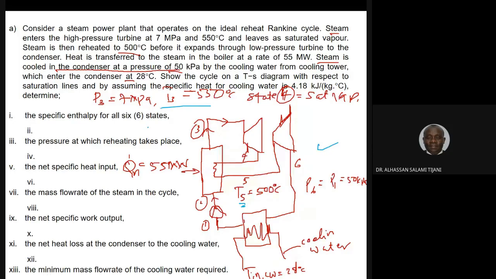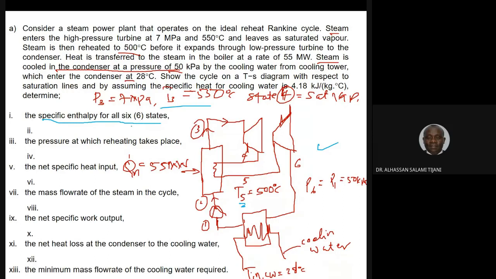Ultimately we want to determine the specific enthalpy at each state. I think we have already started. We have already found H1, we have found H2, so we need to find H3 and so forth up to state 6.